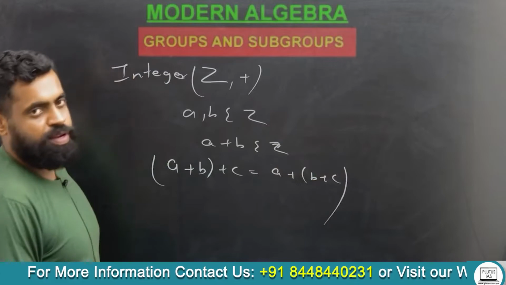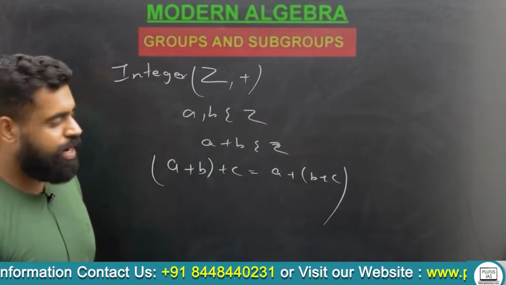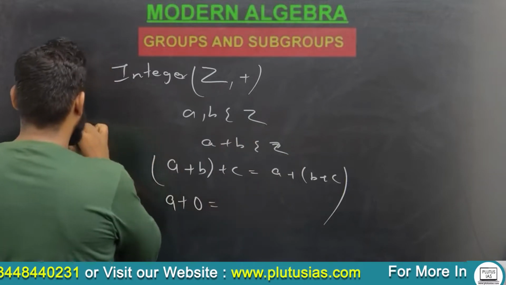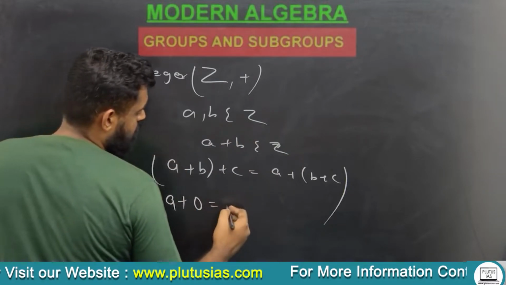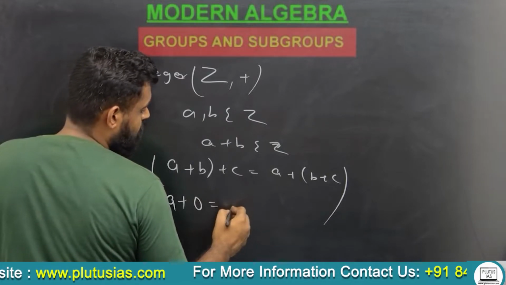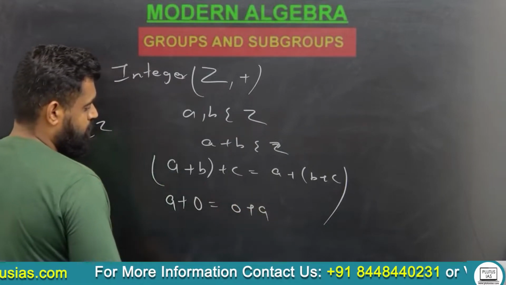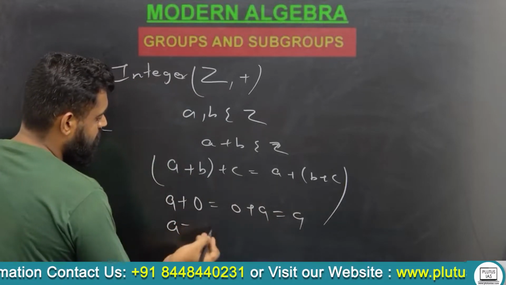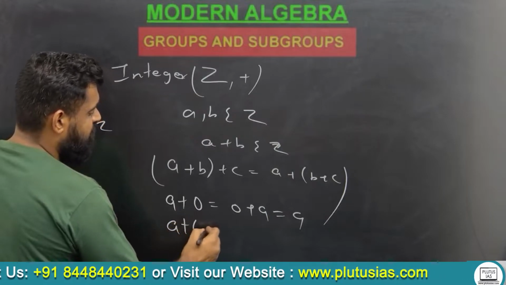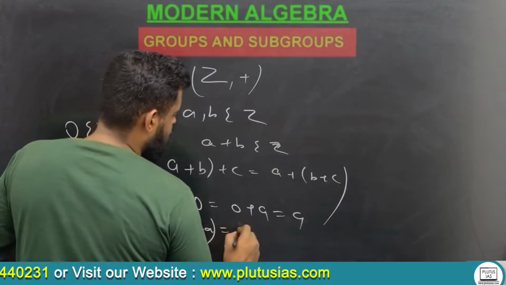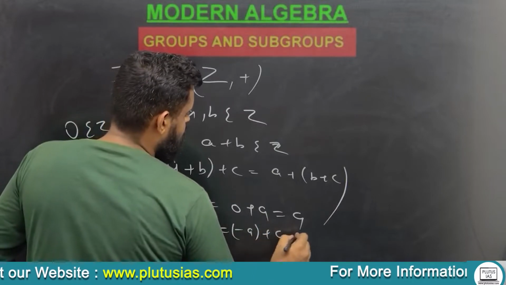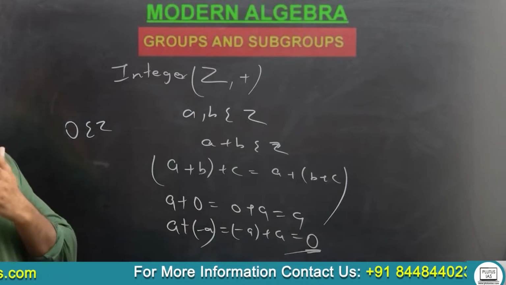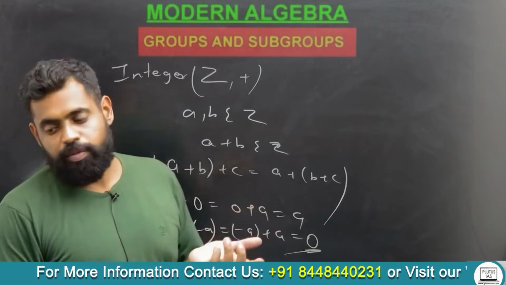Existence of an identity: that is 0, which belongs to Z, and A plus 0 equals 0 plus A equals A. And existence of inverse: minus A plus A is equal to the identity element. So all four properties are satisfied, and it is also a non-empty set.